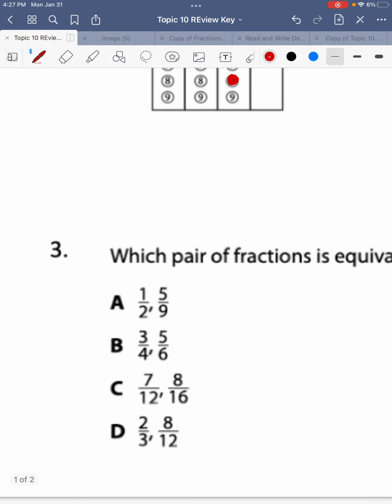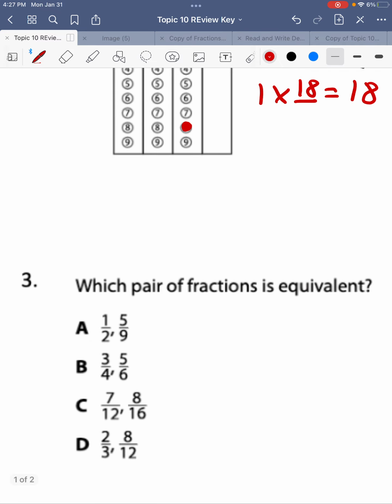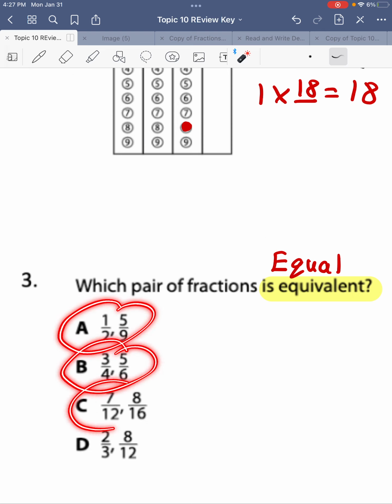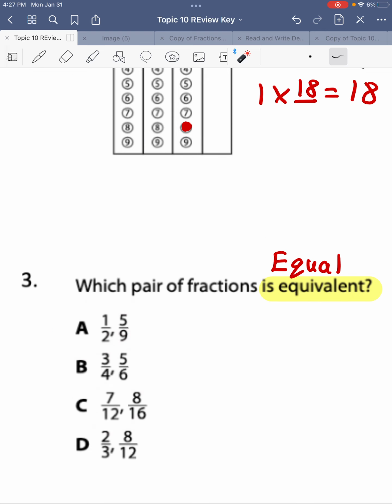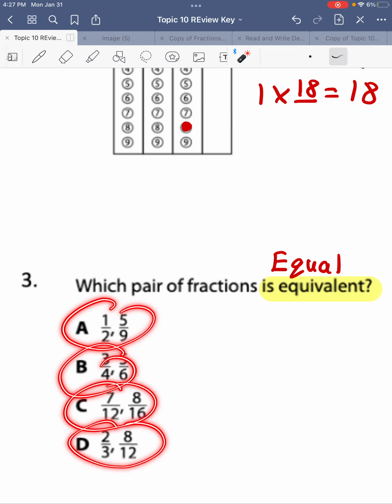Okay, number 3. Number 3 says, which pairs of fractions are equivalent? Equivalent just means equal. It wants to know which pairs, so A, B, C, D, they're all in pairs. You have one fraction here, one fraction here, and so forth. They want to know which pairs are equal.